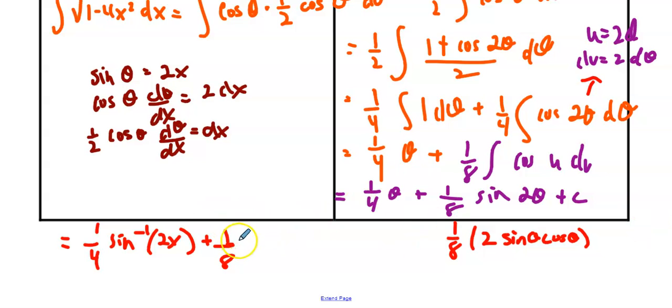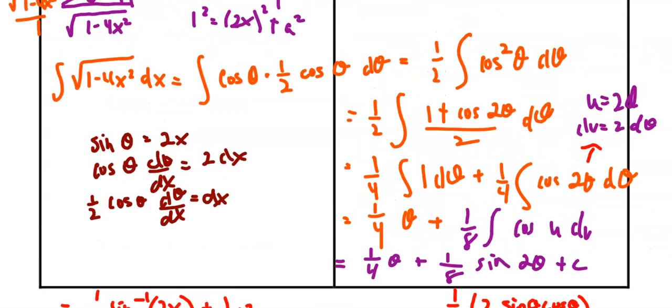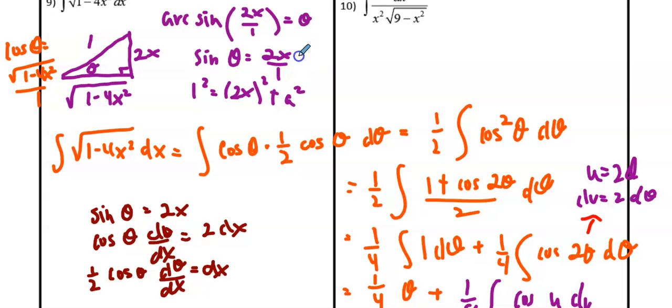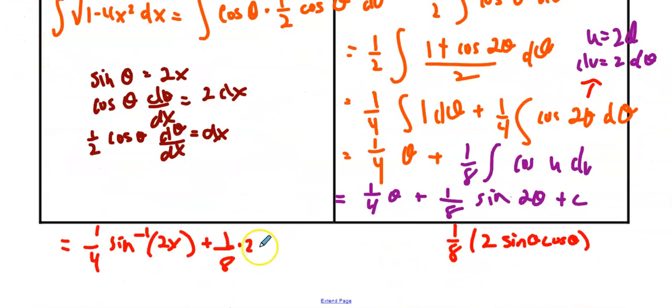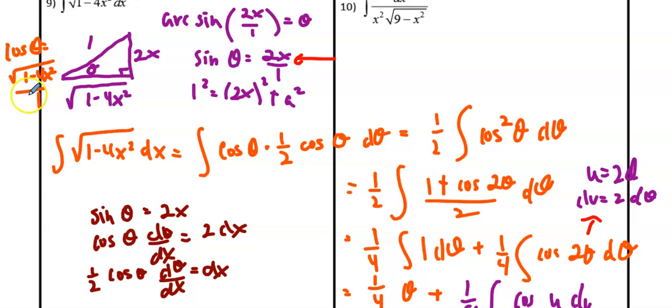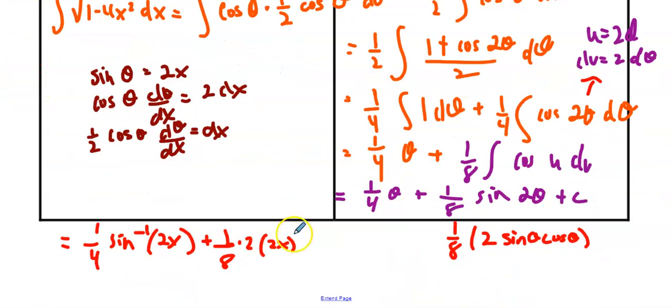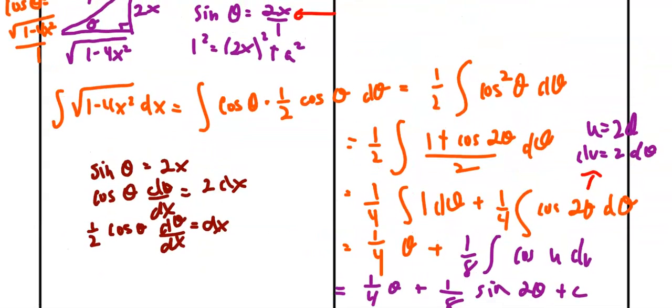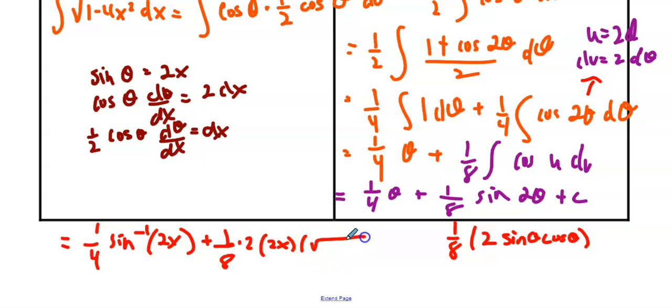So what you want to do here is we're going to do the 2, and we're going to find what sine of theta is. Well, we already know what sine of theta is. It's 2x. So instead of getting crazy with it, let's just write 2x. We also know what cosine of theta is, right? It's the square root of 1 minus 4x squared.